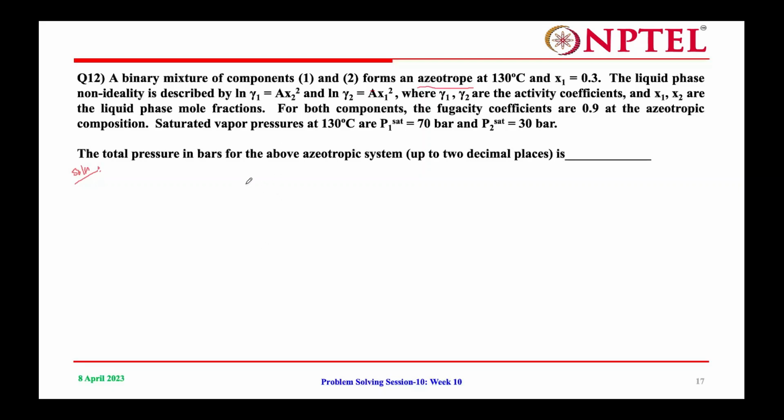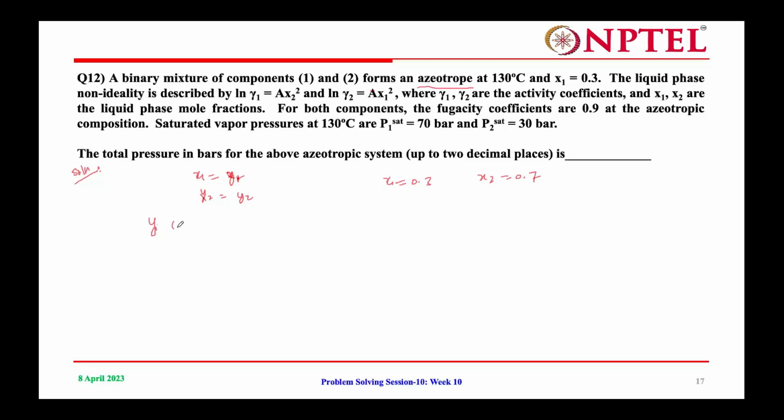At azeotropic conditions, x1 equals y1 and x2 equals y2, right? Here x1 is given as 0.3, so x2 is equal to 0.7. So y1 is equal to 0.3 and y2 is equal to 0.7.